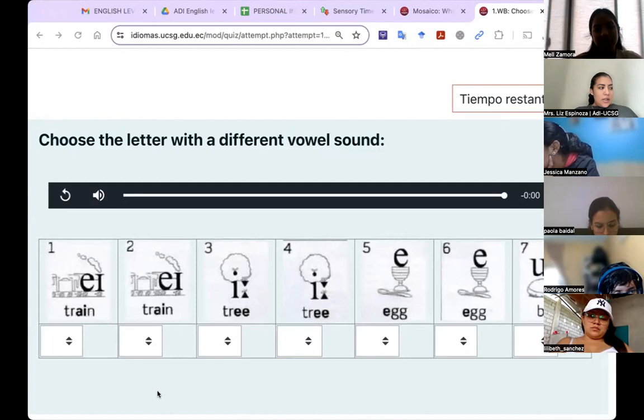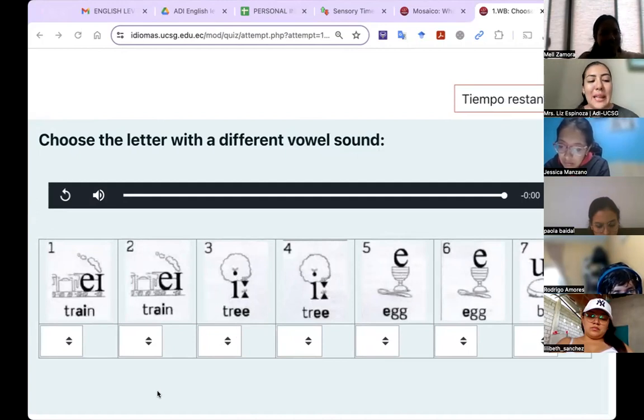Okay, so we're going to listen again, but right now we are going to stop and try to identify which one sounds different and why. They are repeating the word, but also some letters.